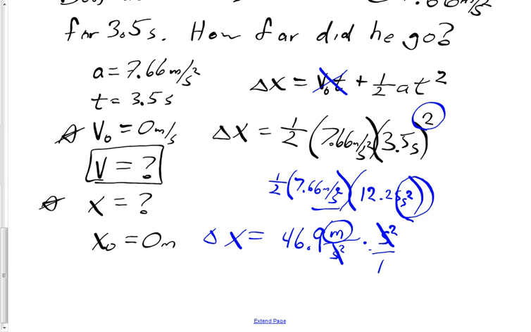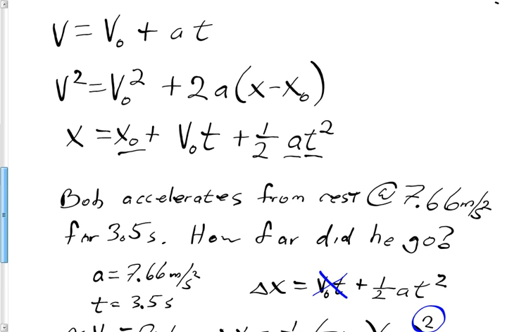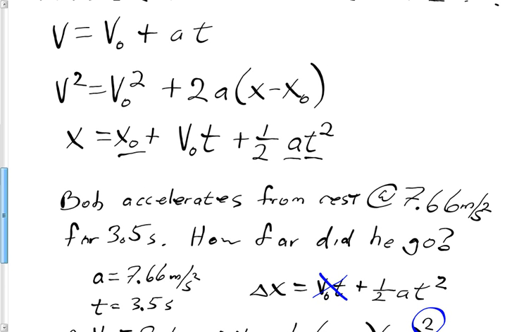And so we have a final answer of 46.9 meters. Even I can make a mistake in my dimensional analysis, but as long as I'm paying attention, I'll catch that mistake in the end. So seconds squared cancel out. We're left with meters. And we've shown how, through this set of equations, we can find a different equation to use.